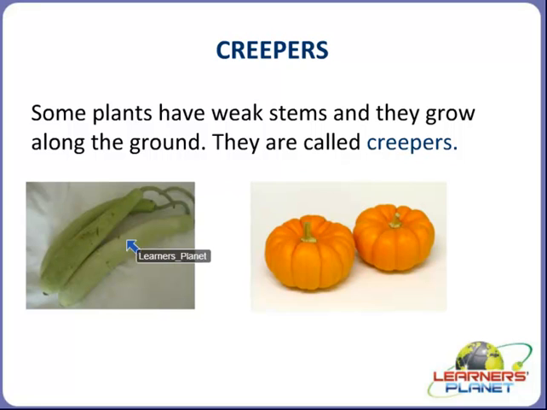Children, we can see here that this is a bottle gourd and this is a pumpkin, which have very weak stems and they grow along the ground. So bottle gourd and pumpkin are called as creepers.